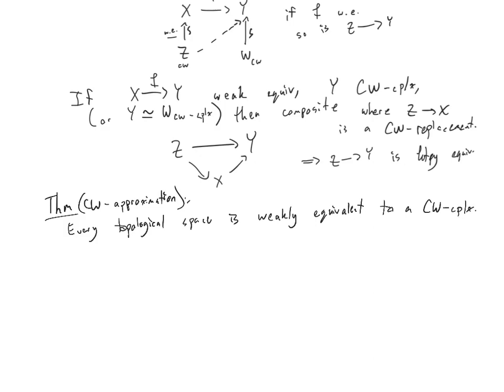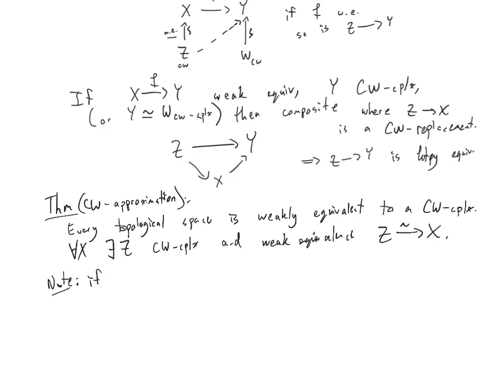In particular, we can phrase this as: for all X, there exists a CW complex Z and a weak equivalence, and we're going to orient things to map from Z to X. And I'll just make a note.